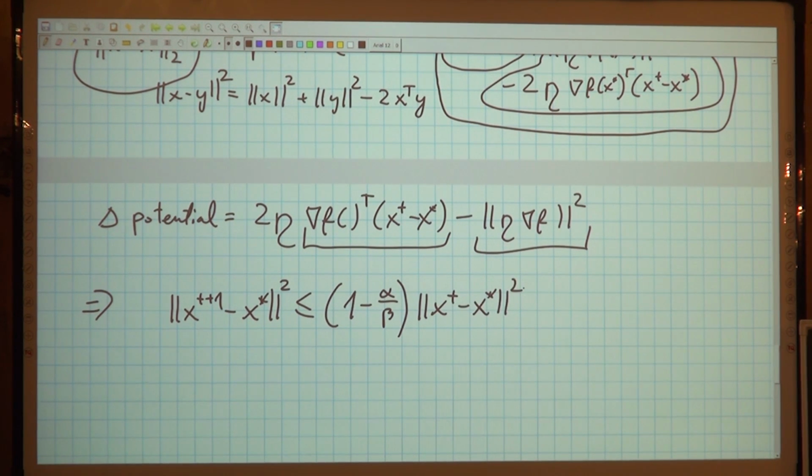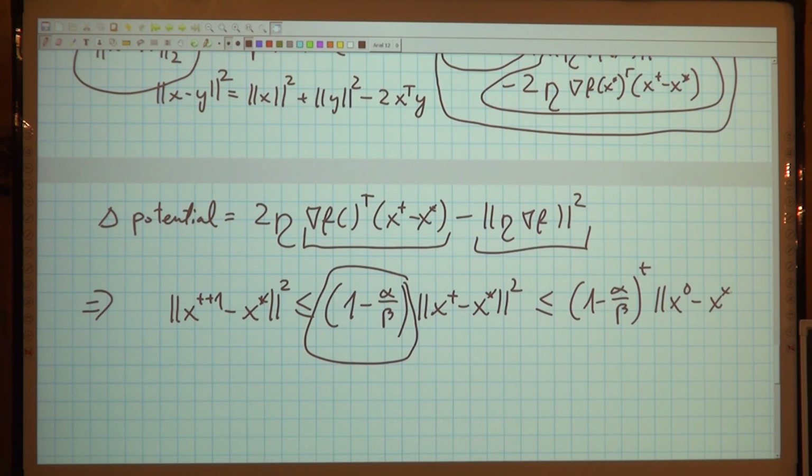I will just put out a note with all the derivation here, because the point is that in each iteration we are reducing this distance. So if we unroll it back, this will be at most 1 minus alpha over beta to the t times the initial distance to the optimum.